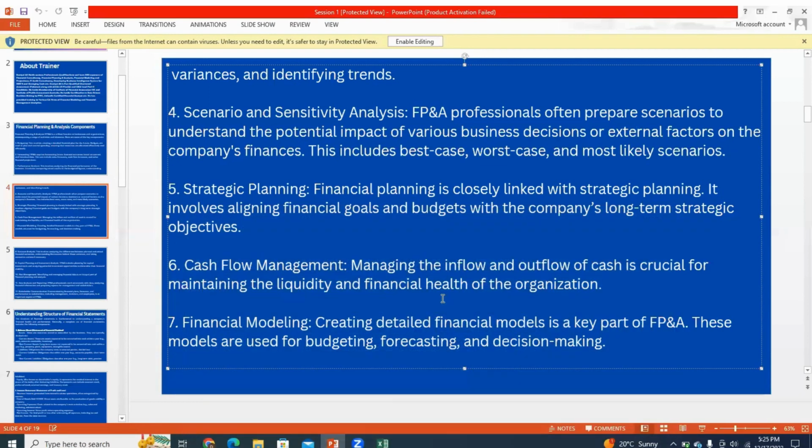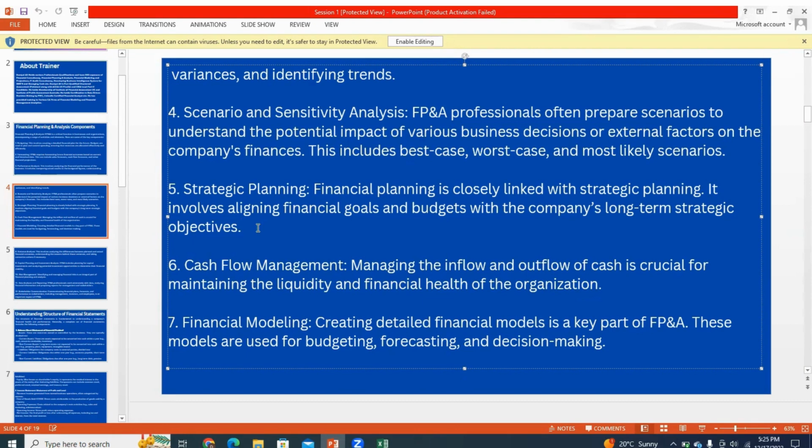The next thing it says: it involves aligning financial goals and budgets with the company's long-term strategic objectives. Yes, the objectives are aligned with the budgets, with actual versus forecasted results.